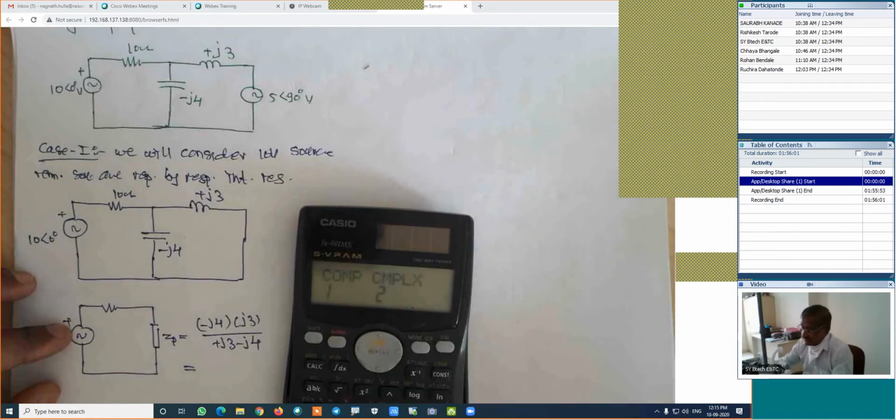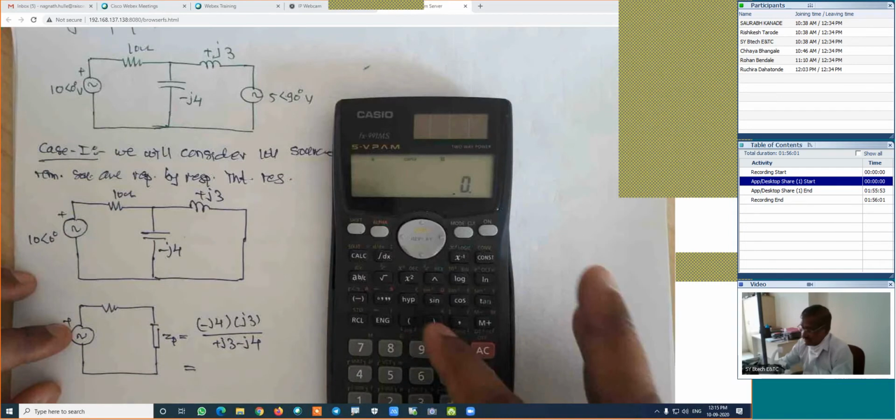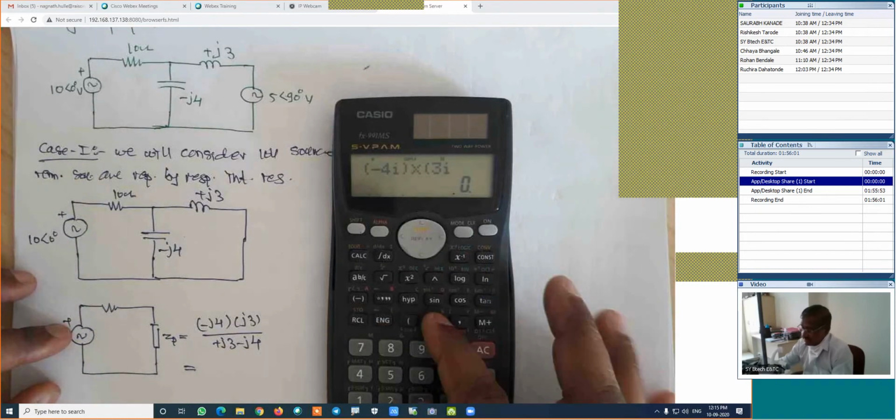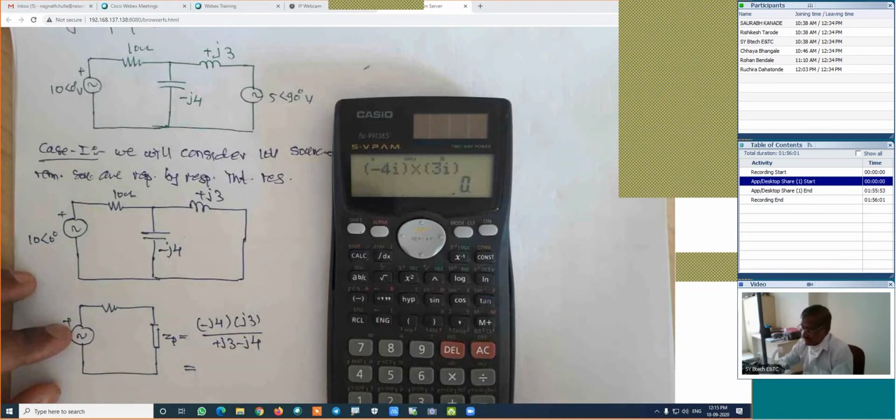Mode complex is 2. I will use a bracket: minus j4 means minus 4i, close the bracket, into this value. Start bracket, 3i, close the bracket. This is right. Divided by this bracket.